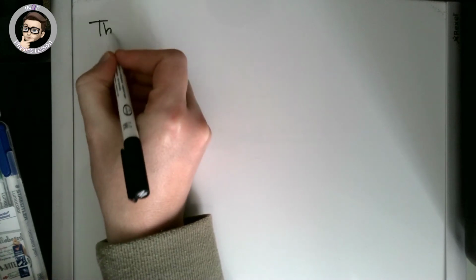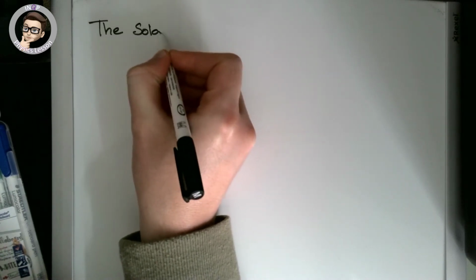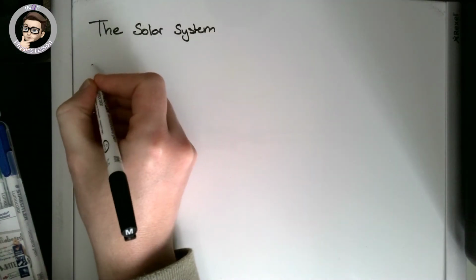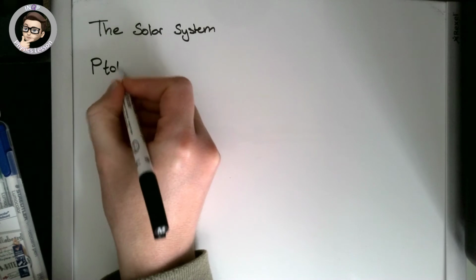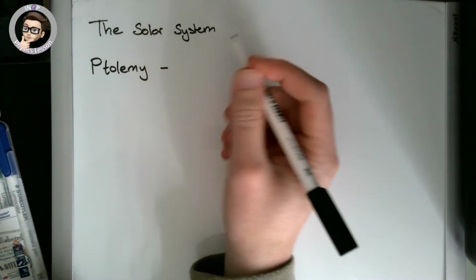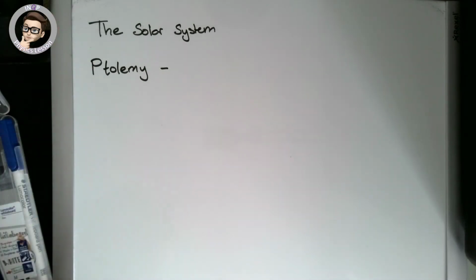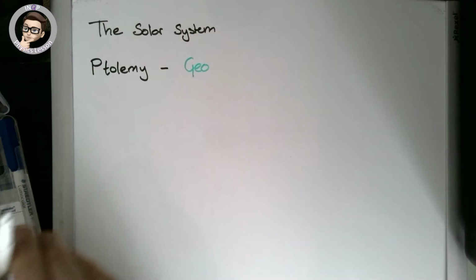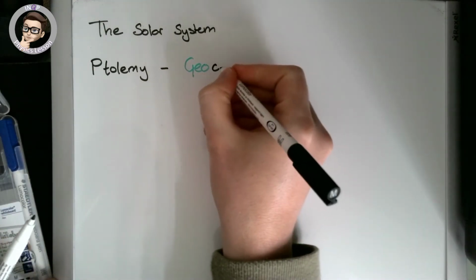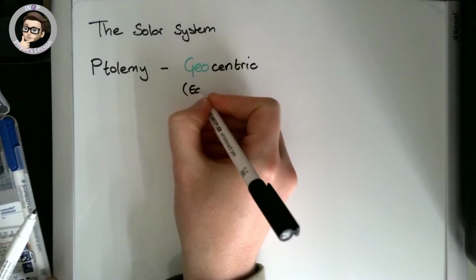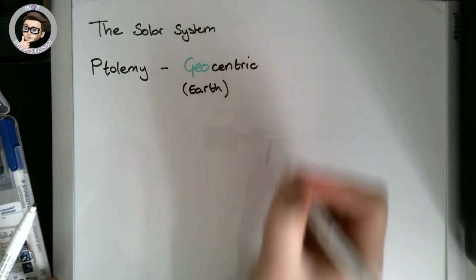Okay, so last lesson we learnt about the solar system, and there are a few different facts that we needed to know. So historically, a scientist called Ptolemy believed that the solar system was a geocentric model. Geo meaning Earth, so it was an Earth-centered model, which means that everything else went around the Earth.